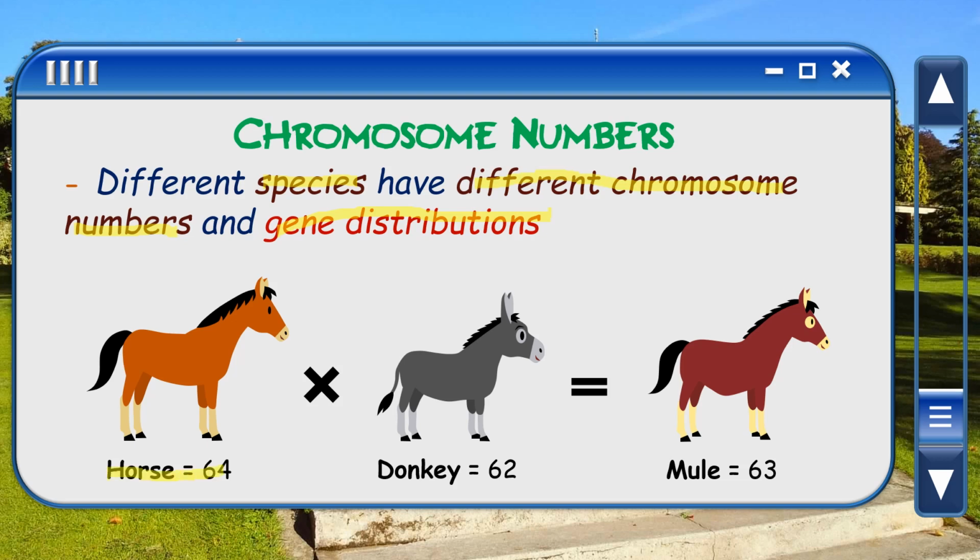The horse has 64 chromosomes. The donkey has 62 chromosomes. And the mule has 63 chromosomes. So they have different chromosome numbers. That means that they are of different species.